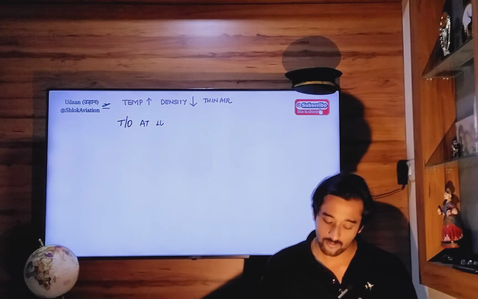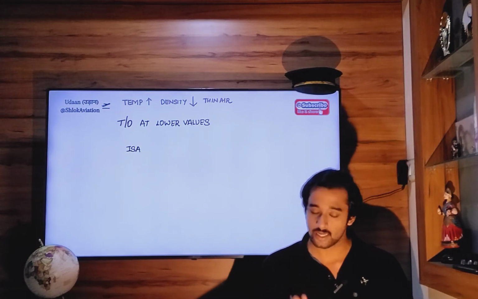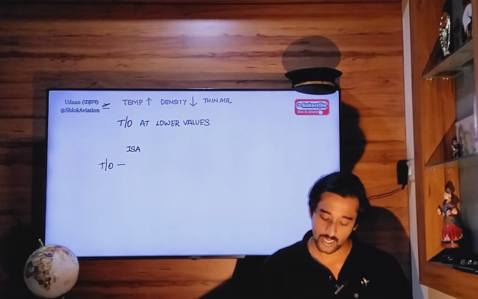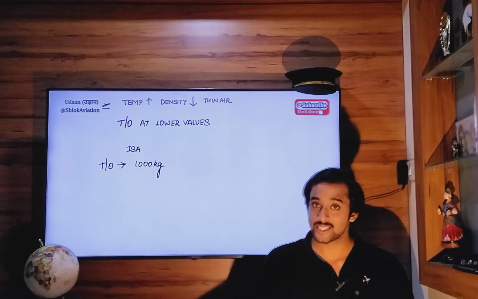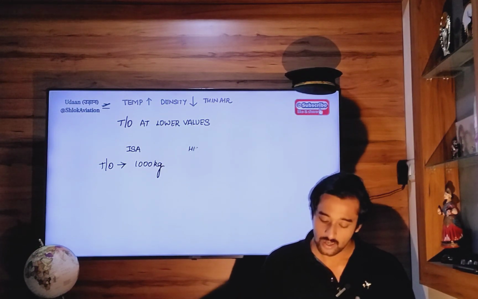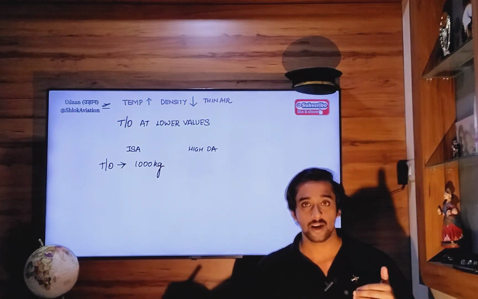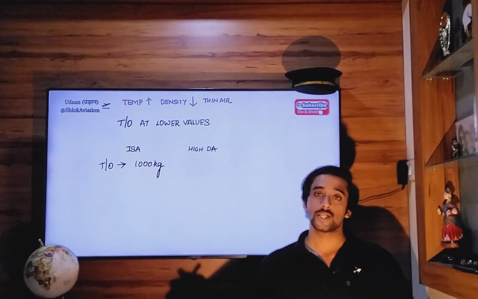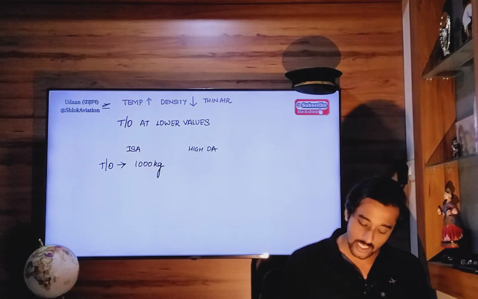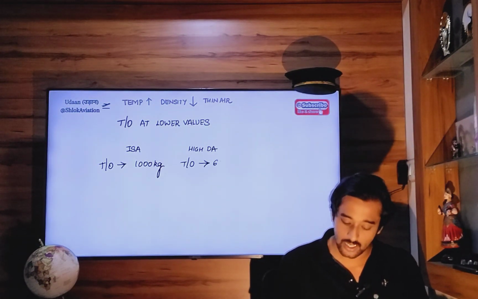at lower values. Let's say in perfect ISA conditions, on that particular day, you can take off with 1000 kilograms. But on such a high density altitude day, an unfavorable day, where temperatures are very hot, density of air is very low, or you're operating from a very high altitude airport where density of air is very low, in such conditions, you will be expected to take off with only a mass of, let's say, 600 kg.